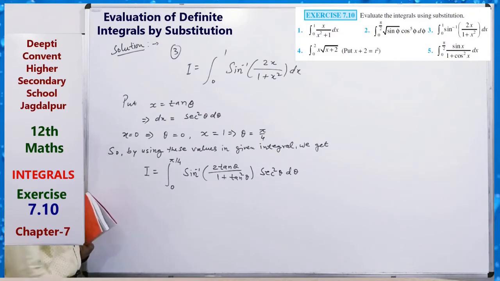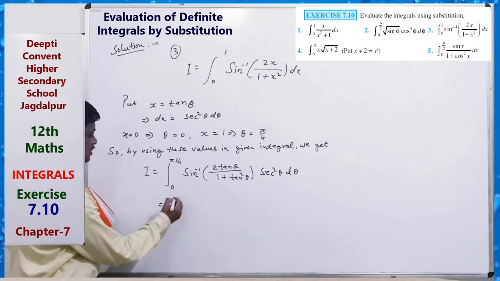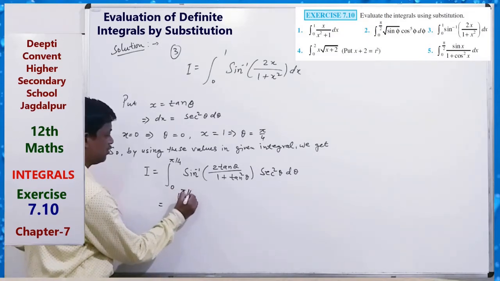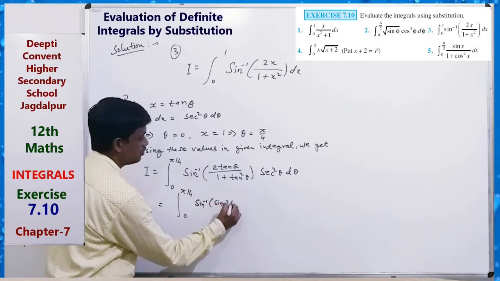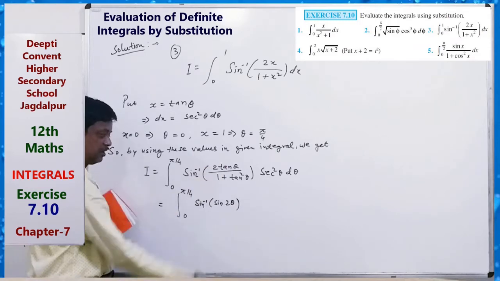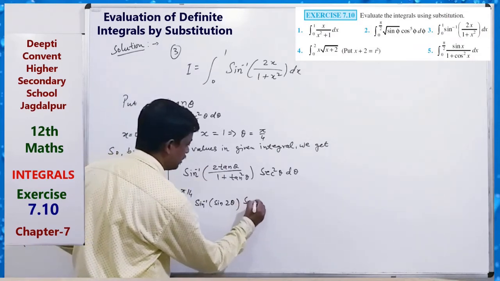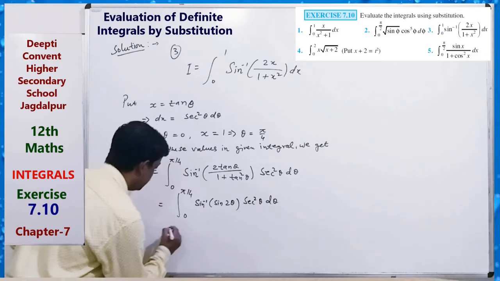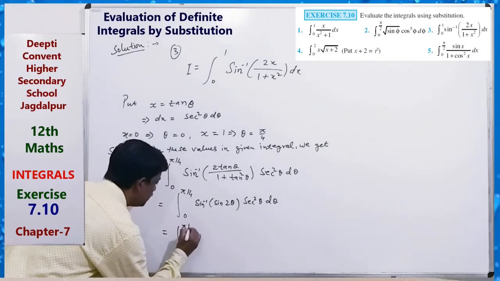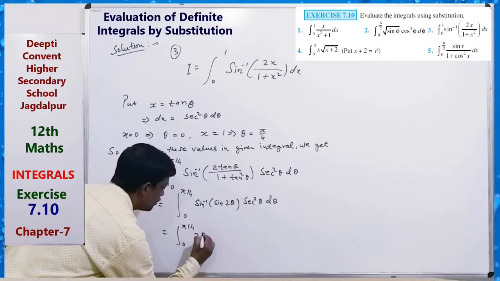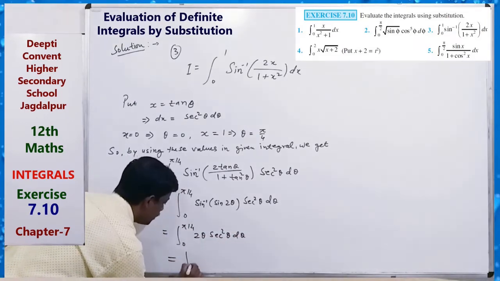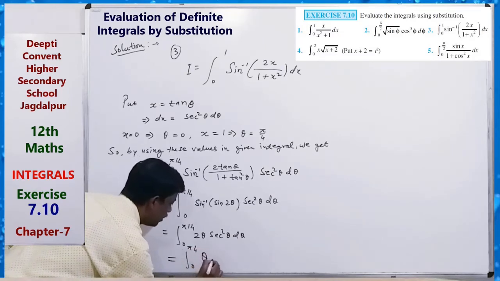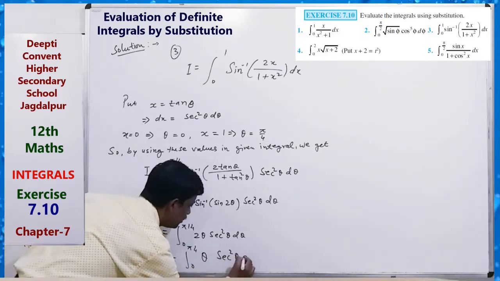New limit. Now we have to solve this integral. Very simple. 0 to pi by 4 sin inverse of sin 2 theta, by trigonometry, and sec square theta d theta. Now solve it. 0 to pi by 4, 2 theta sec square theta d theta, and this equals to 2 times integral 0 to pi by 4 of theta sec square theta d theta.